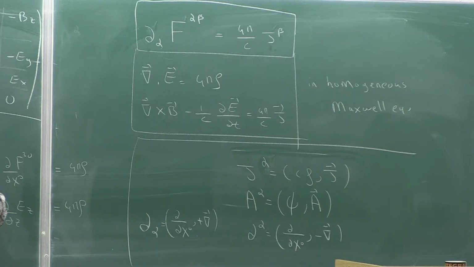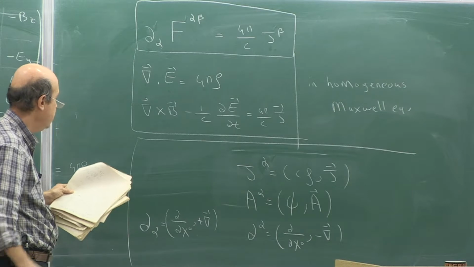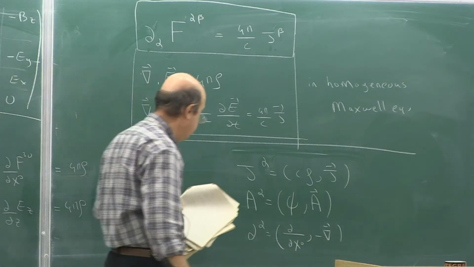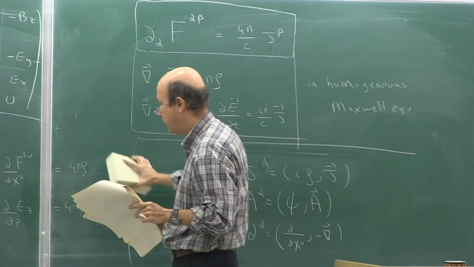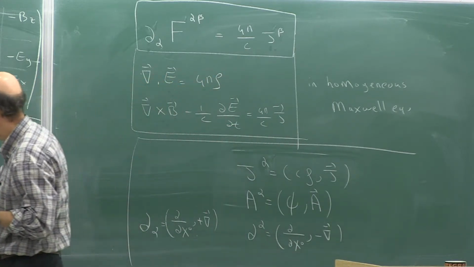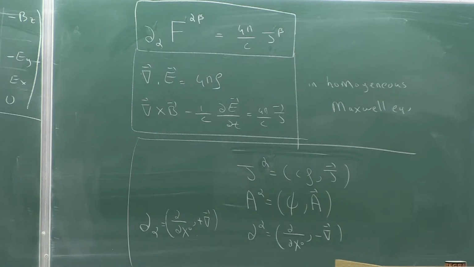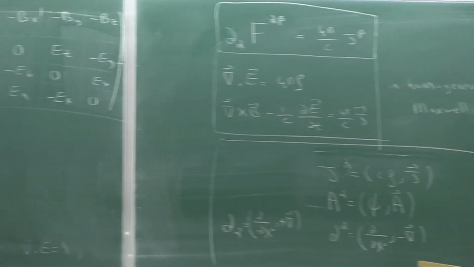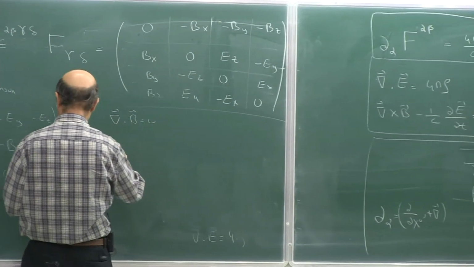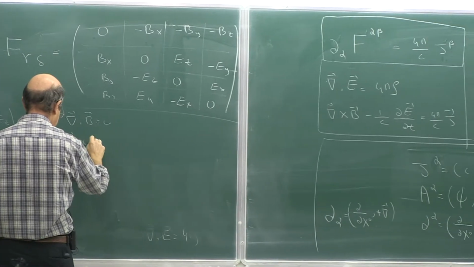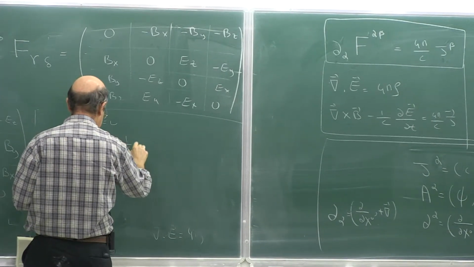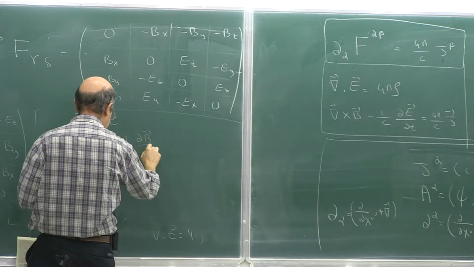So as you guess, we are left with the other 4 Maxwell's equations in components as independent equations. What are these? Homogeneous Maxwell's equations. So for homogeneous Maxwell's equations, we have del dot B equal to 0, curl of E plus 1 over c del B over del t is equal to 0.